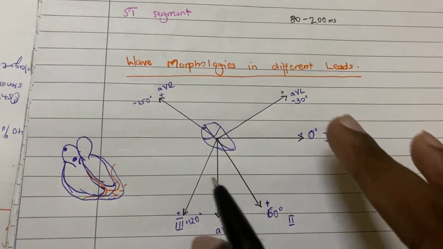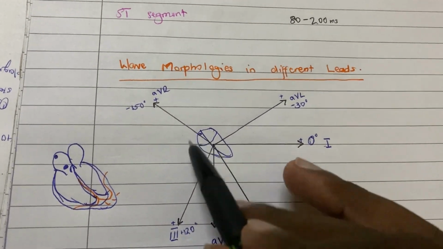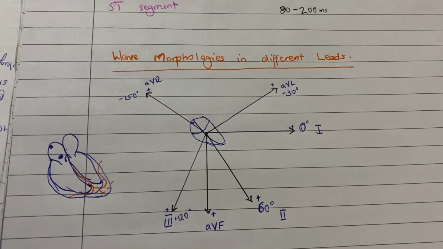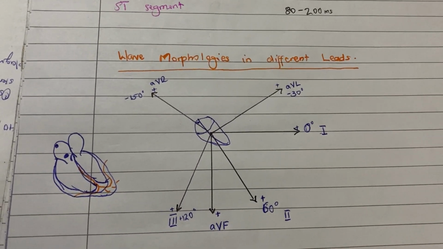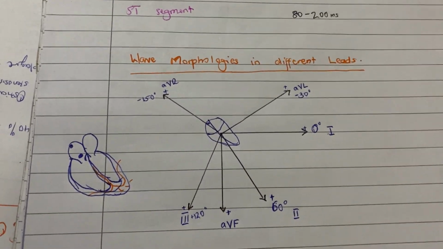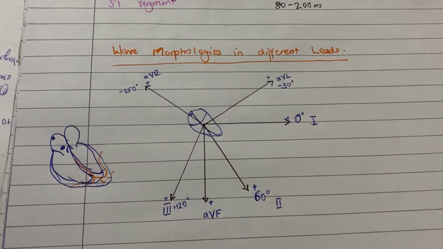So the wave of depolarization will be moving from the negative electrode to the positive electrode. A wave of depolarization moving towards the positive electrode will produce a positive deflection.